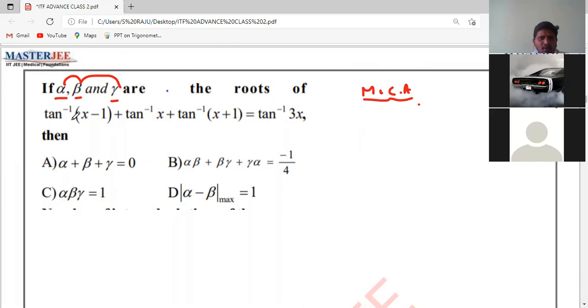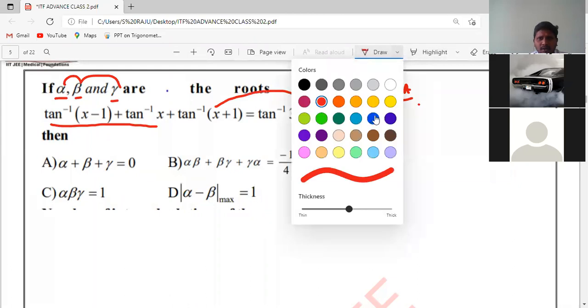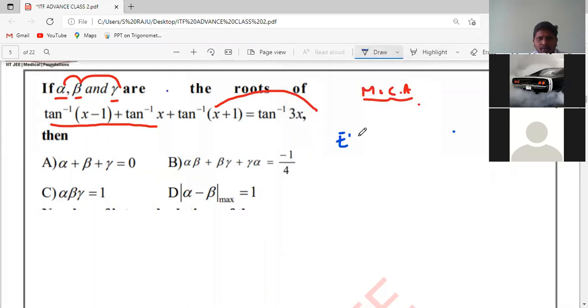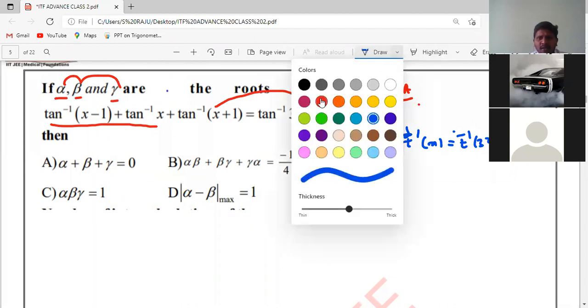I want to apply the tan inverse x plus tan inverse y formula. This tan inverse value, I want to take to the right side. So here, tan inverse of x minus 1 plus tan inverse of x is equal to tan inverse of 3x on the right side minus tan inverse of x plus 1. Apply the tan inverse x plus tan inverse y formula.